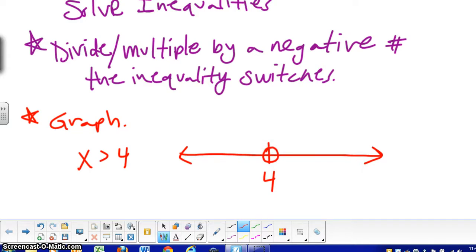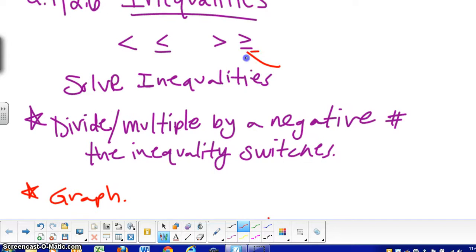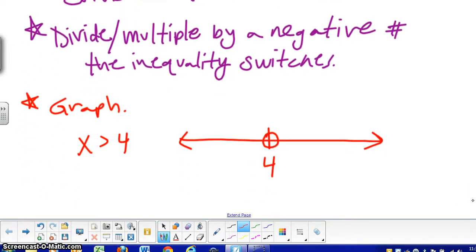As you know, the little bar underneath the inequality means included. And since this problem does not have the bar underneath it, that means the 4 is not included. So we're going to show that by putting an open dot. And because it's a greater than symbol, that means all values to the right will work in this particular equation.